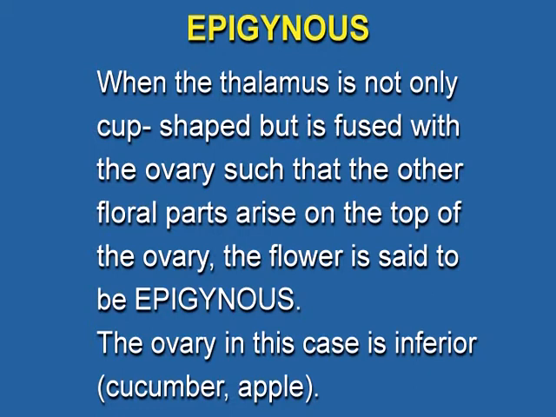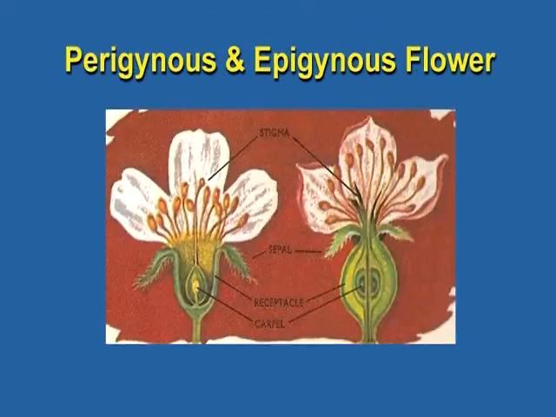The ovary in this case is inferior. For example, cucumber and apple. Now we see in the diagram, this is the diagram of perigynous and epigynous flower.